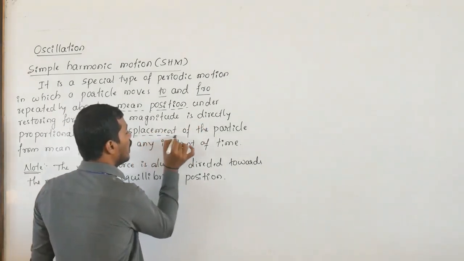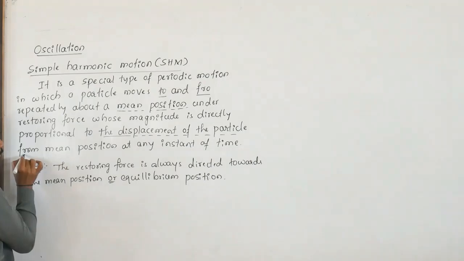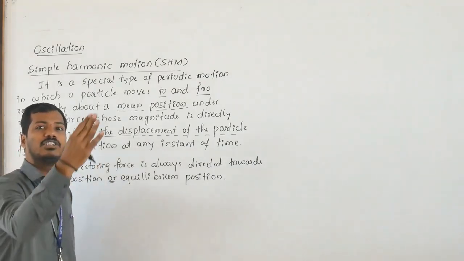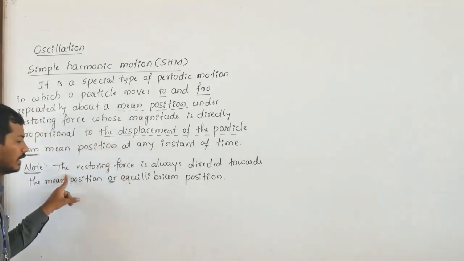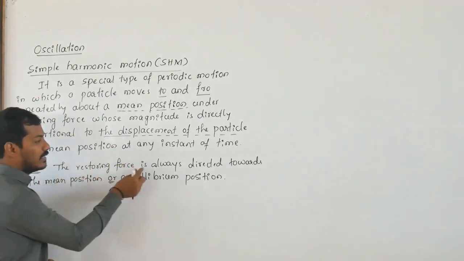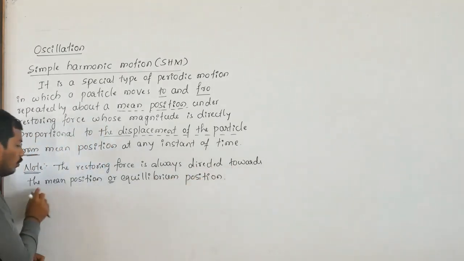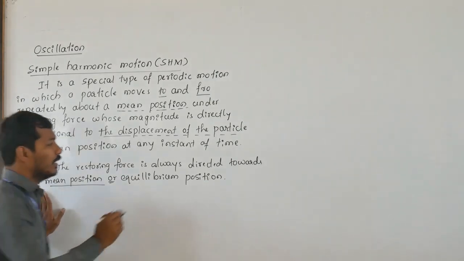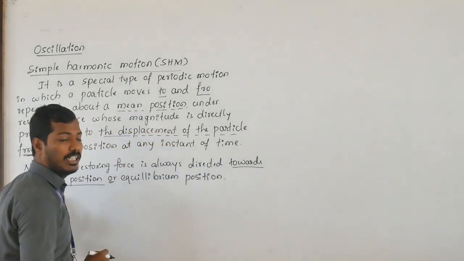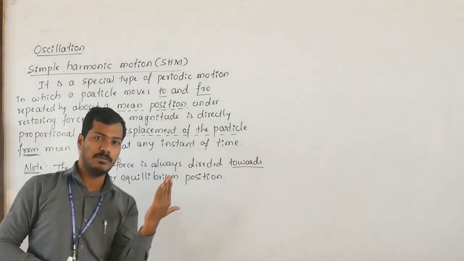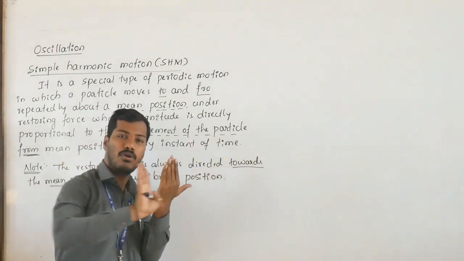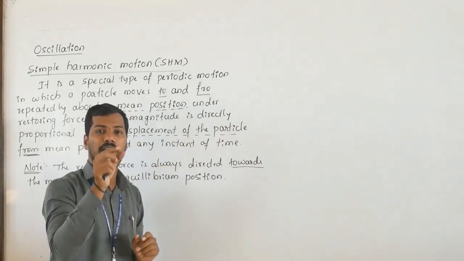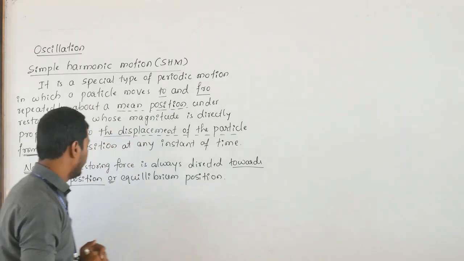The restoring force is always directed towards the mean position, while the displacement is from the mean position. It means these two are opposite, so the negative sign will appear.